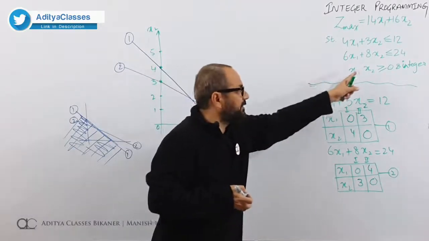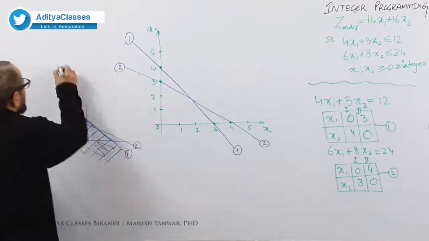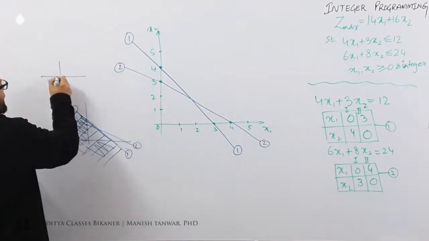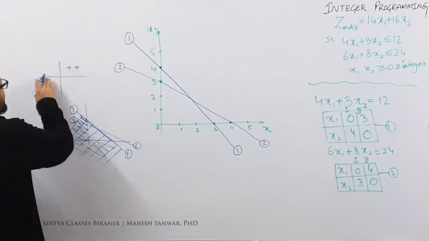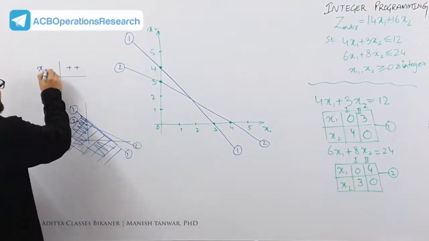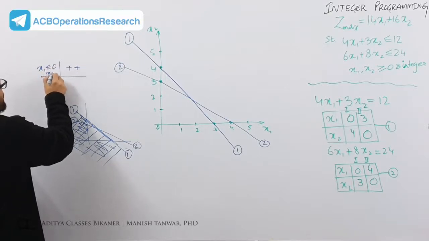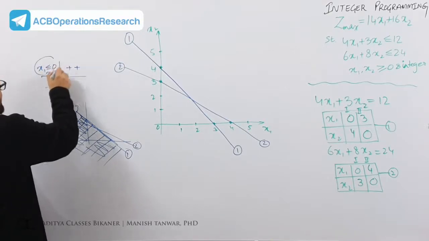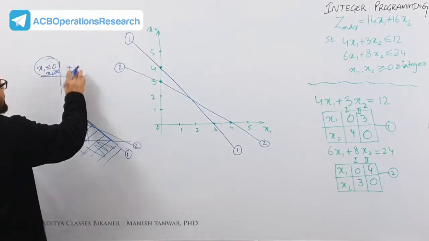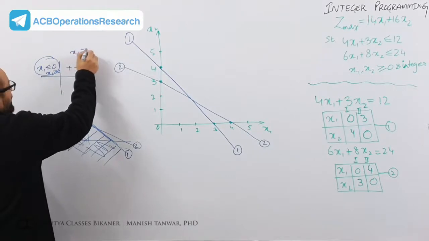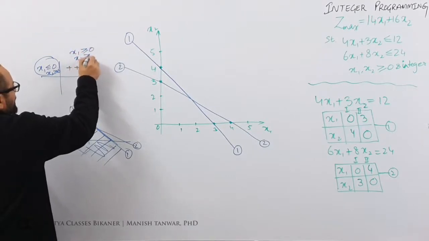Because x1 has to be greater than 0, x2 has to be greater than 0. So out of the 4 quadrants, I need x1 and x2 greater than 0. If I come here, x1 is less than 0 and x2 is greater than 0 in this area, but I need both to be positive. This is the quadrant where x1 is greater than or equal to 0 and x2 is greater than or equal to 0.